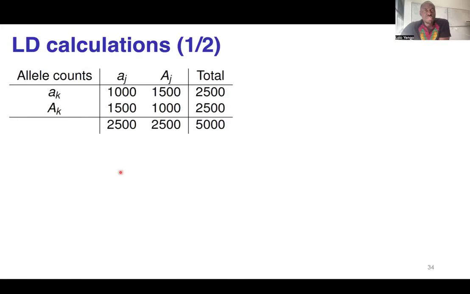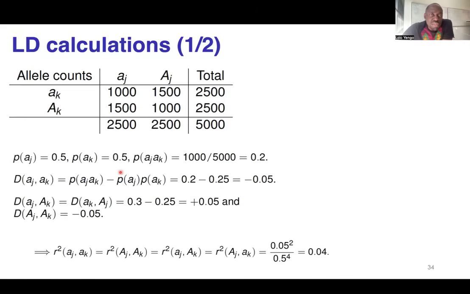And so just quickly, how you can calculate this. If you have allele counts, you can go through the sums and calculate the frequency of each allele. You can calculate the frequency of the combination. For example, of AG and AK, we have that frequency, which is 1,000 people with the AG and AK combination out of 5,000 individuals, and that gives us a frequency of 0.2.